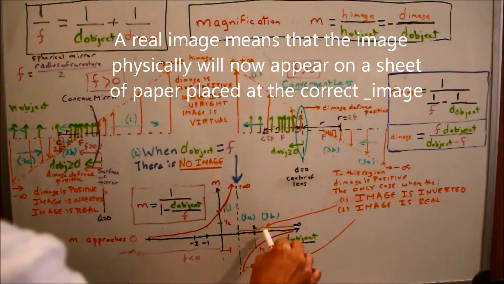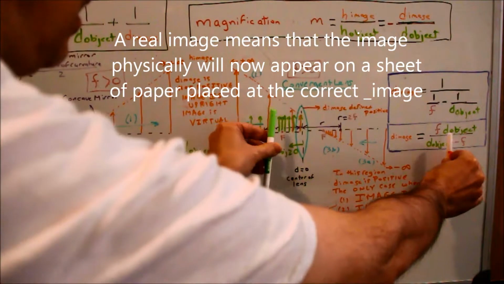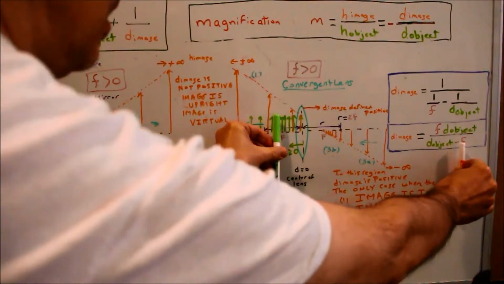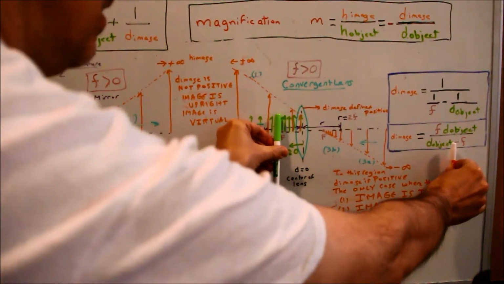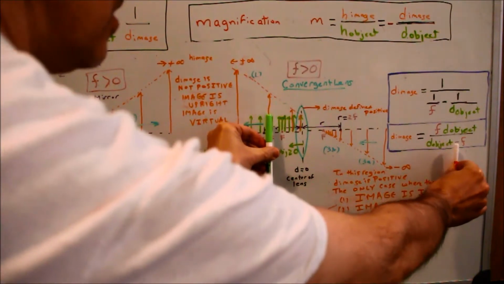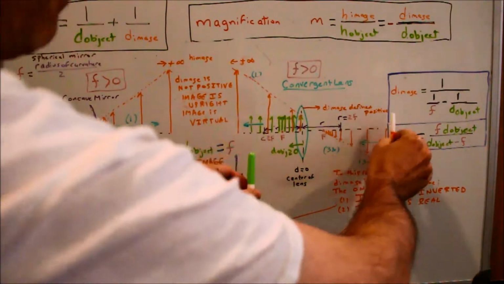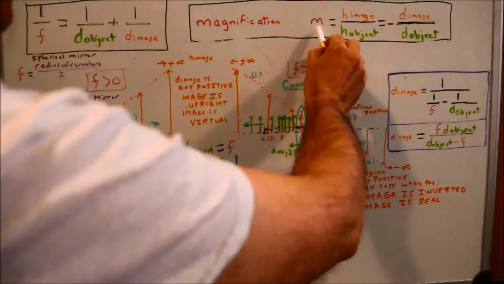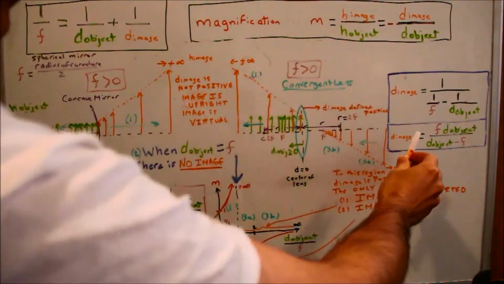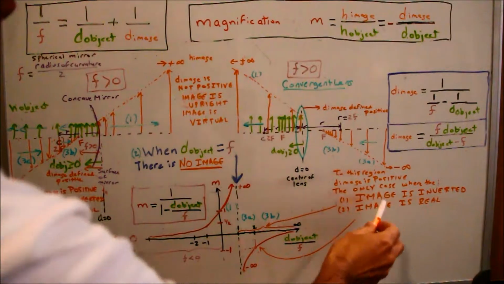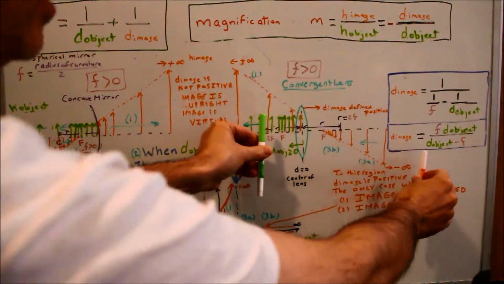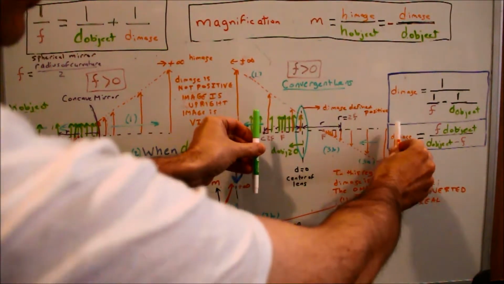Now I flip over to the other side, and for small changes in the object distance there are big changes in the image distance, which is now positive. The magnification is now negative, and this is the only region where I see a real inverted image.